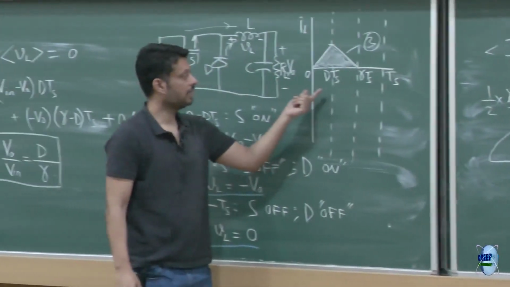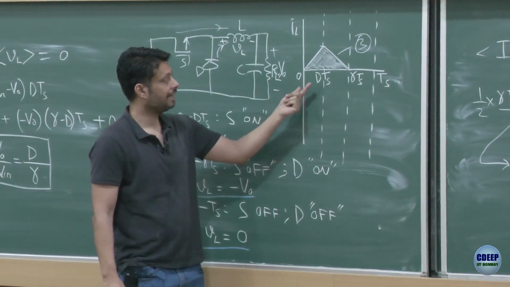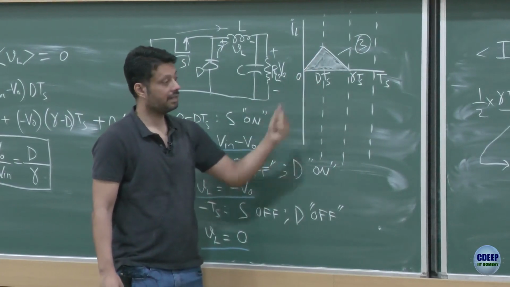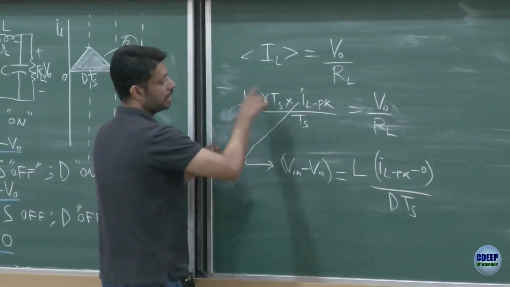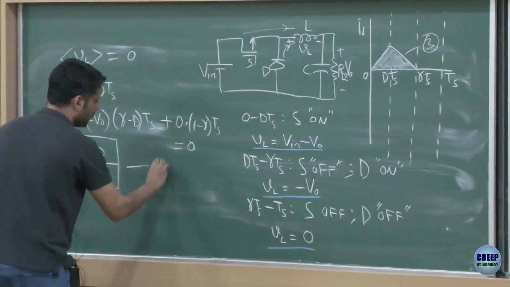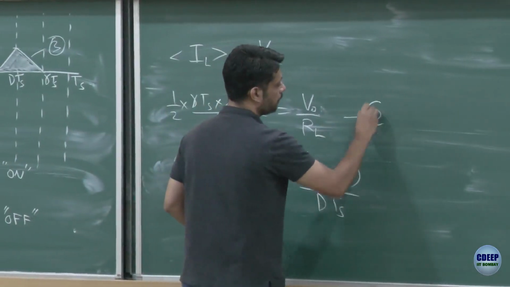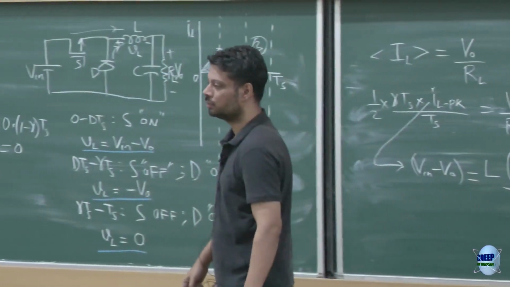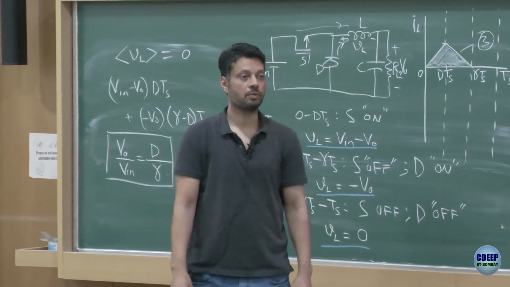In this region, if you apply V equals L di by dt, then the voltage is Vin minus V naught equals L times di, which is I peak minus 0, divided by gamma Ts. So you can substitute this I peak value from here to here, and you get one equation in gamma; you have another equation in gamma already here. Let me write this as equation 1, this is equation 2, equation 3. You can solve 1, 2, 3, you can find gamma, you can find output voltage, you can find all the things that you want to know.